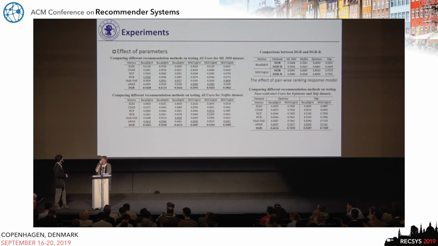Okay. Here we use recall and NDCG as metrics, and we use three kinds of different methods, SLIM and NCR and NCF as the deep recommendation methods, and also we compare with the deep generative model, Multi-VAE.